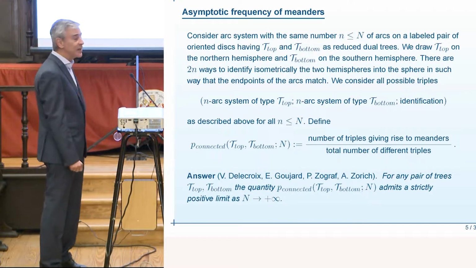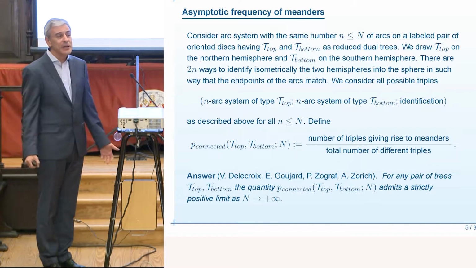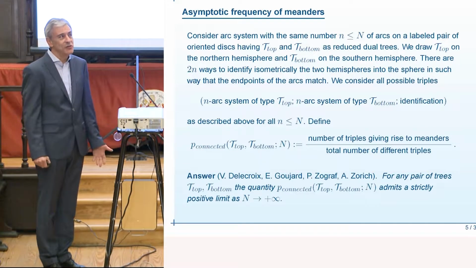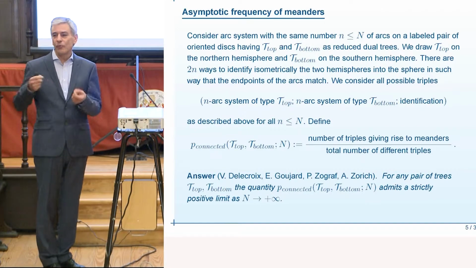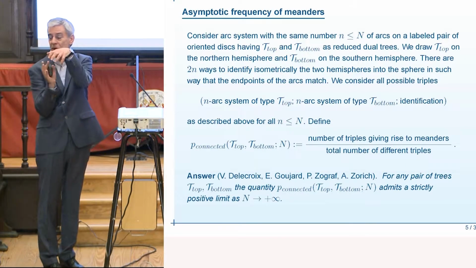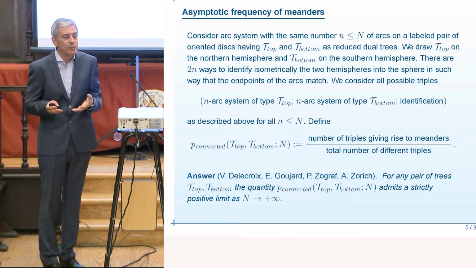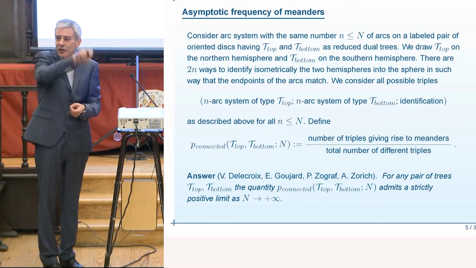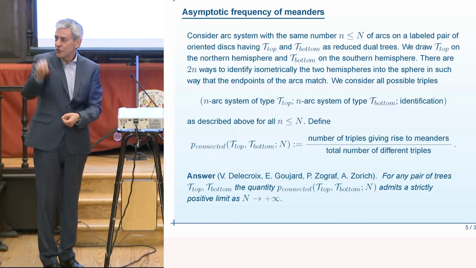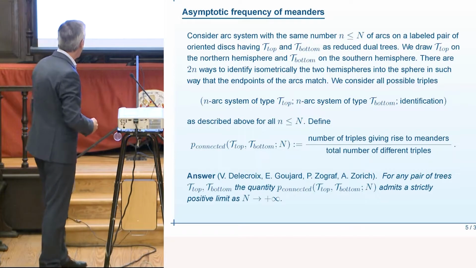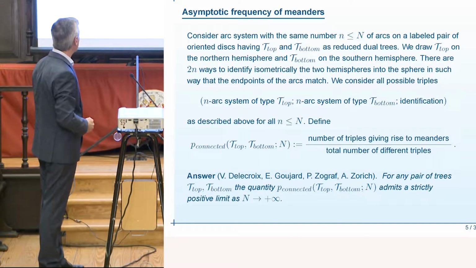Actually, it does not tend to 0. For me, it was quite surprising. To my mind, it's sort of counterintuitive. You have an enormous amount of arcs on top and on the bottom, and with non-zero probability, you get just a single connected curve, which covers everything. And this limit is computable.